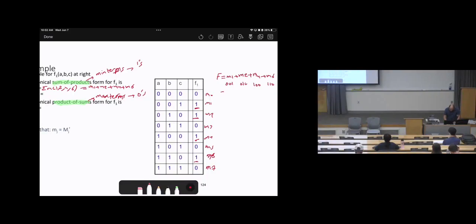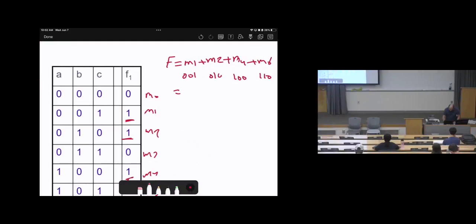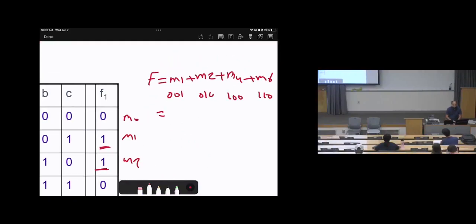Then we can write the variables. Since in minterms 0 means bar, it will be A bar B bar C plus A bar B C bar plus A B bar C bar plus A B C bar. Do you agree with me?